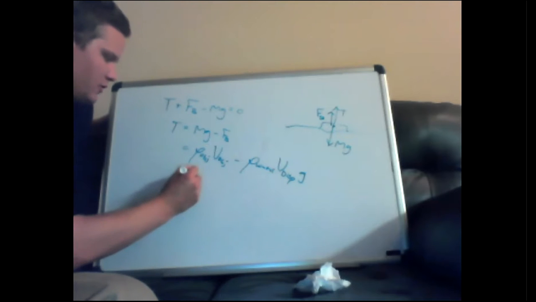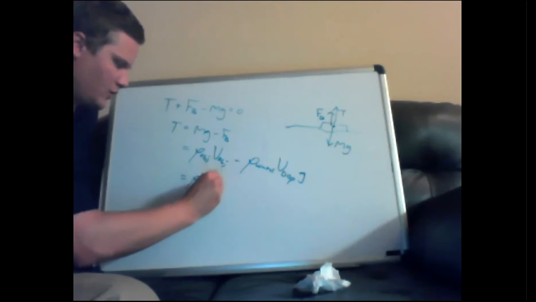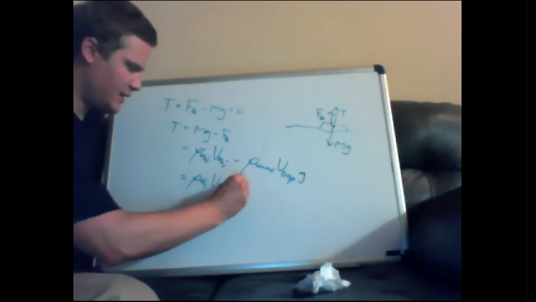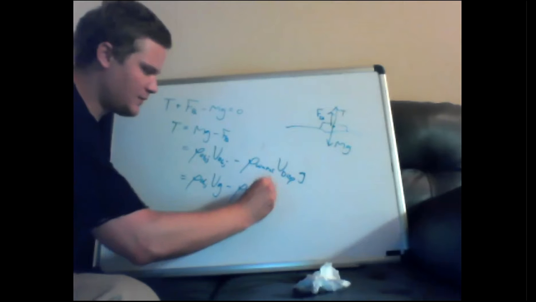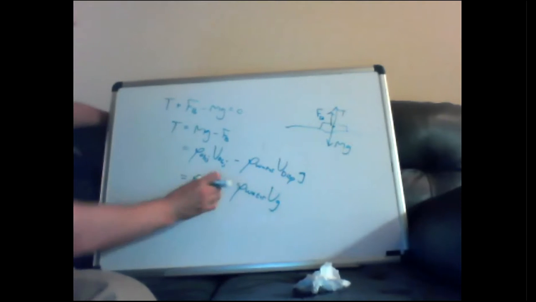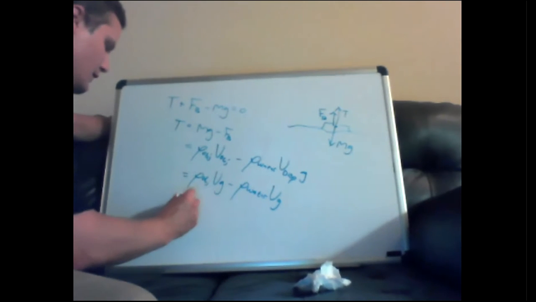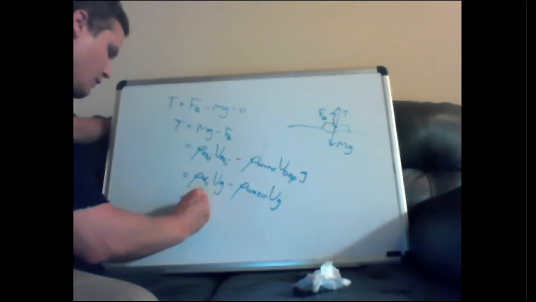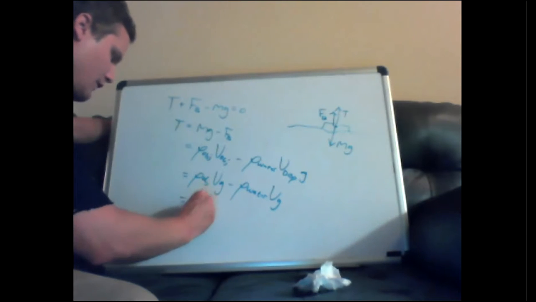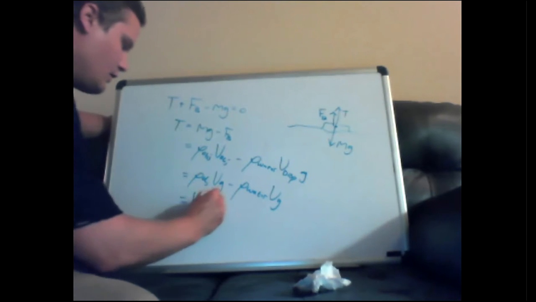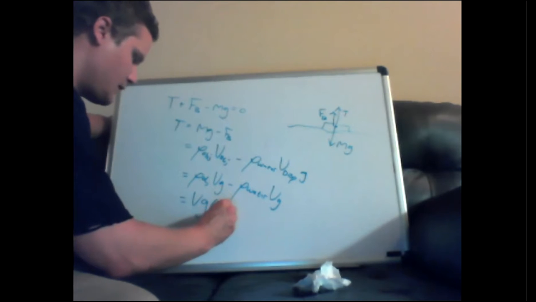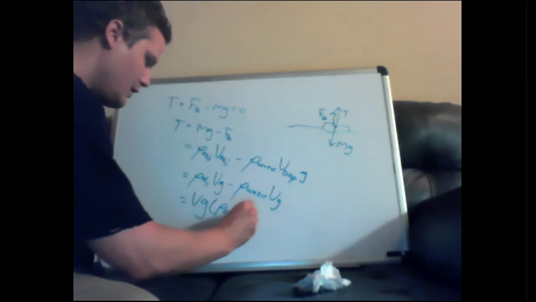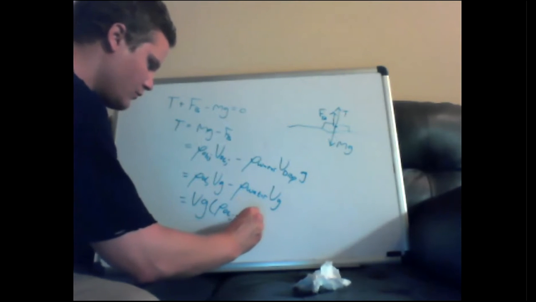And so this is equal to the density of the object times the volume times G minus the density of the water times the volume times G. I can pull out this volume times G, and so I can say that it's the volume of the object times the gravitational acceleration G times the difference of the density of the object minus the density of the water.